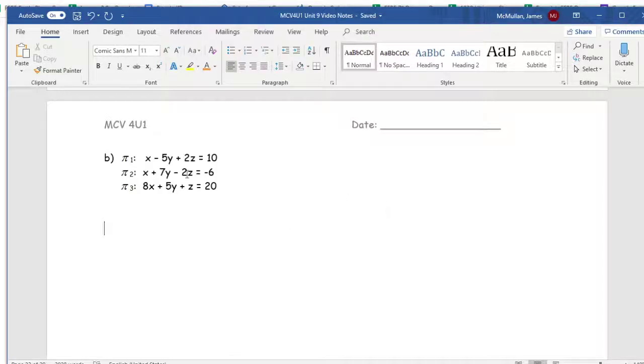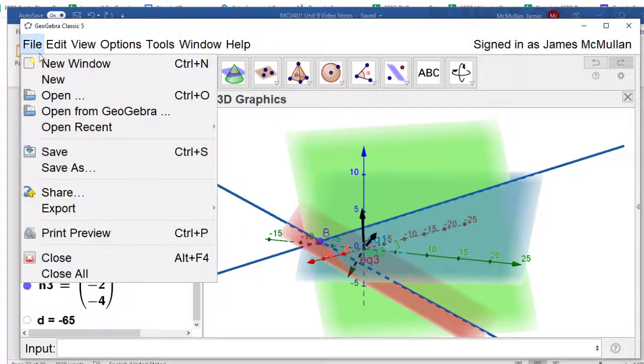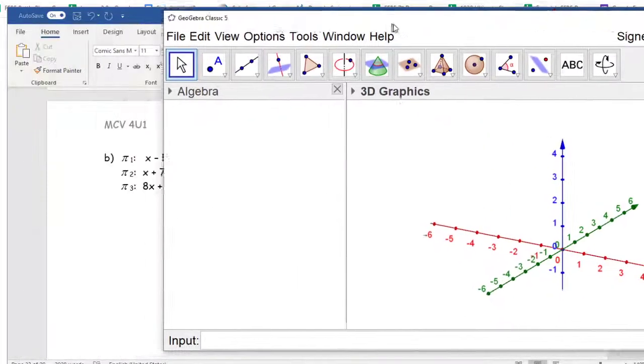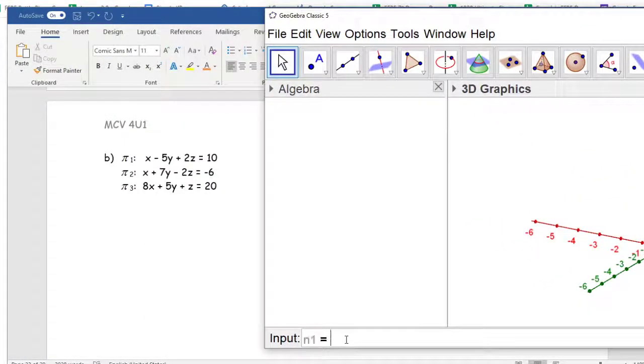Let's try another one here. So again, you can just start by trying to eliminate right off the bat. You don't have to do that coplanar test, although I think I will just to demonstrate again. So let's look at this one. The first normal is 1, negative 5, 2.